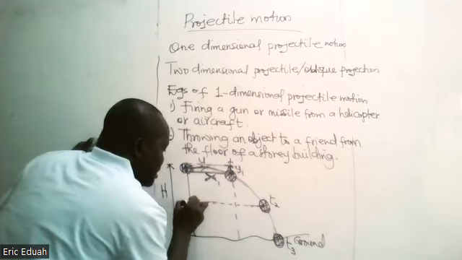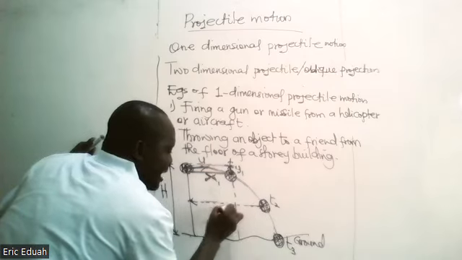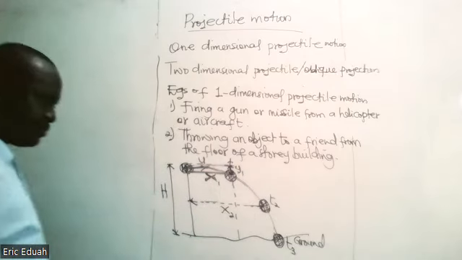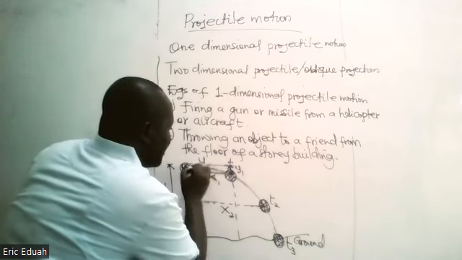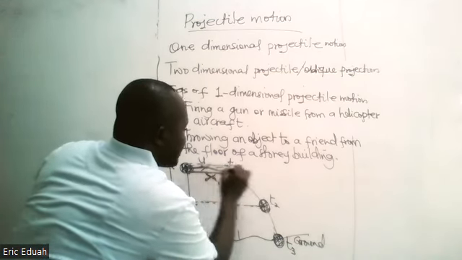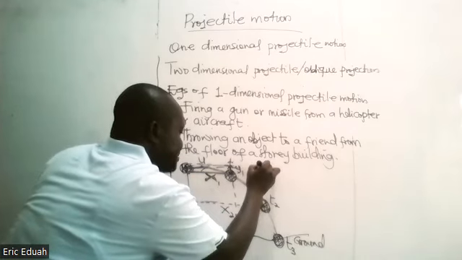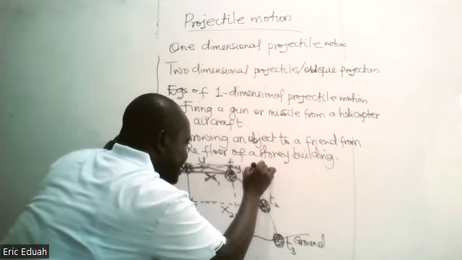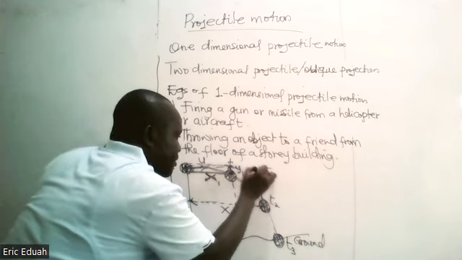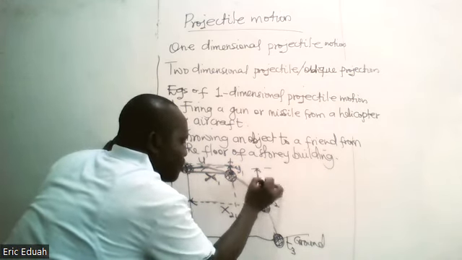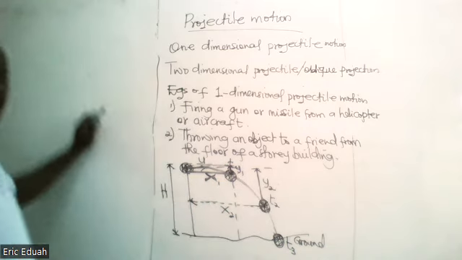And from here to here, let's call it x2. Then vertically, we also realize that the object has covered a vertical displacement y2.